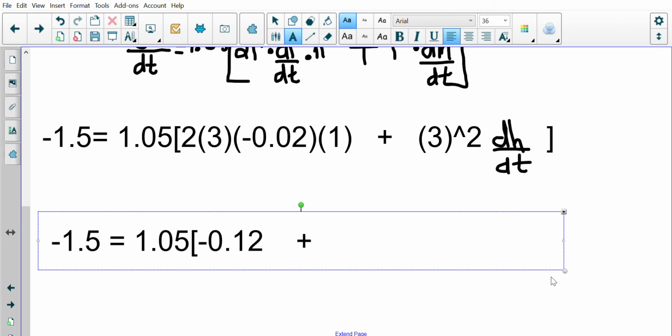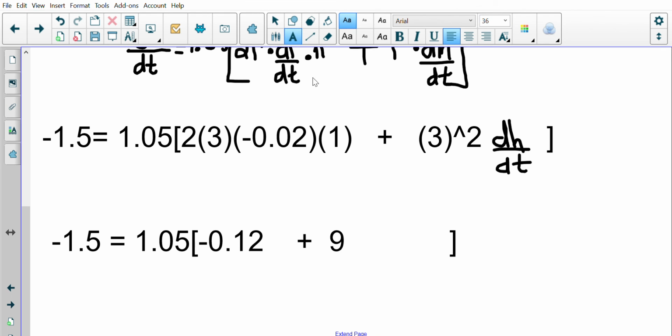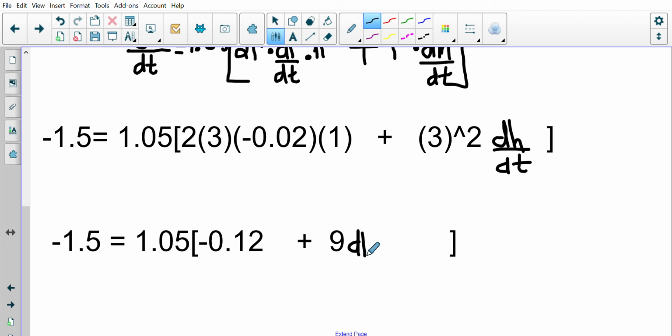All right, plus, well, 3 squared is 9, and we'll go with the brackets here, dh dt. All right, so I simplified that a bit. Now I'm just going to use the rainbow rule to expand this 1.05.